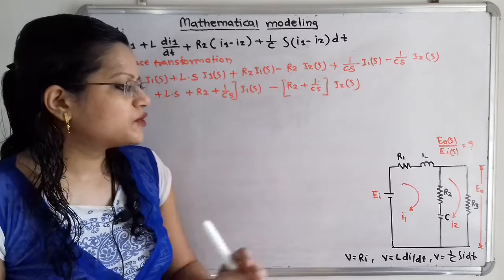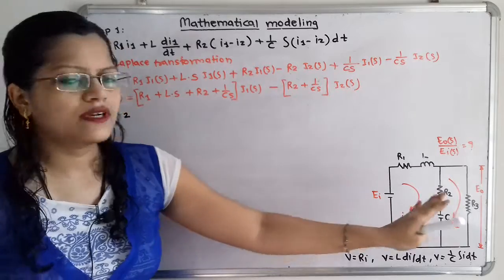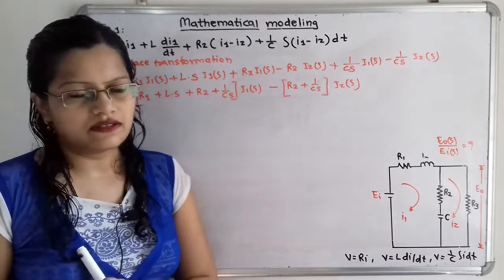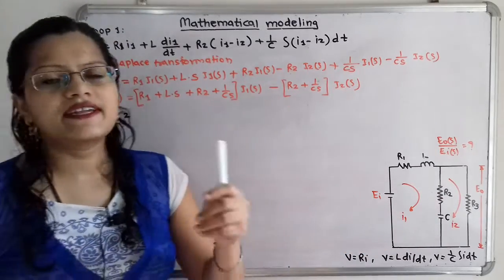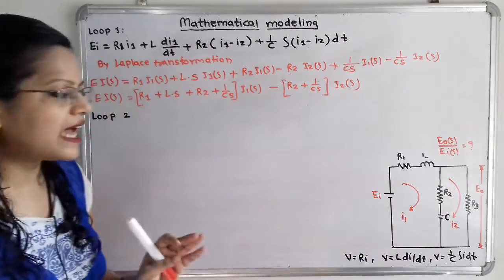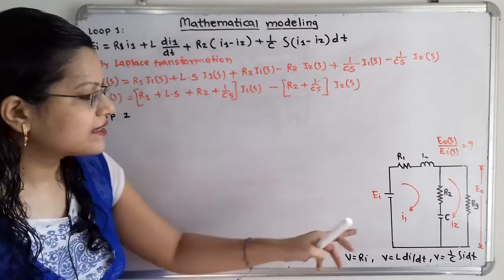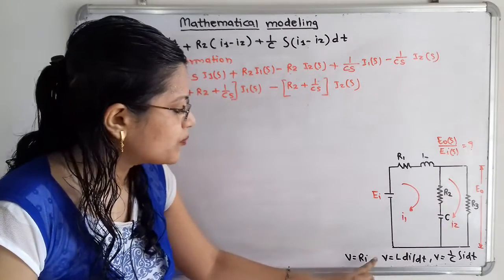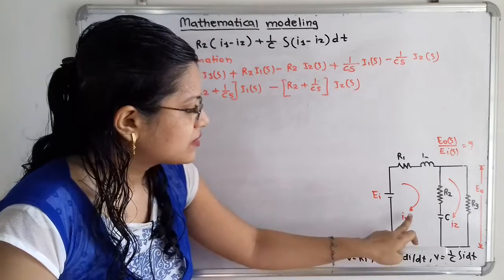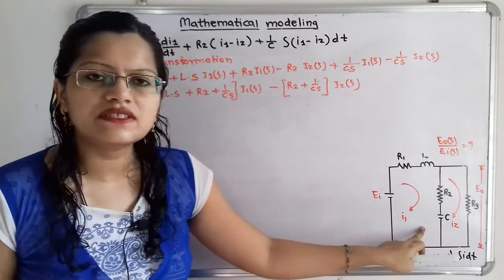Now if we observe, we will take these elements only, and no input and no output is there. For these elements I will take in terms of voltage. Now this R2 is part of loop 1 and loop 2, so I have to take the difference of this current.